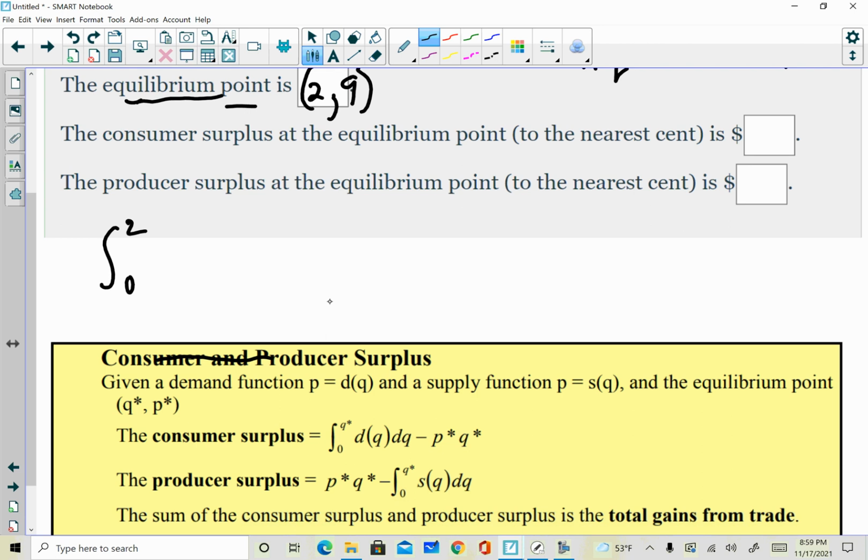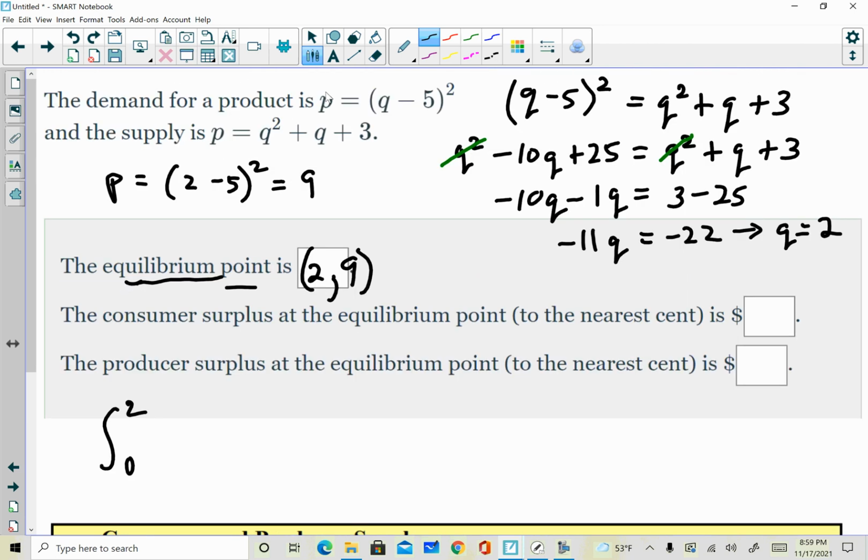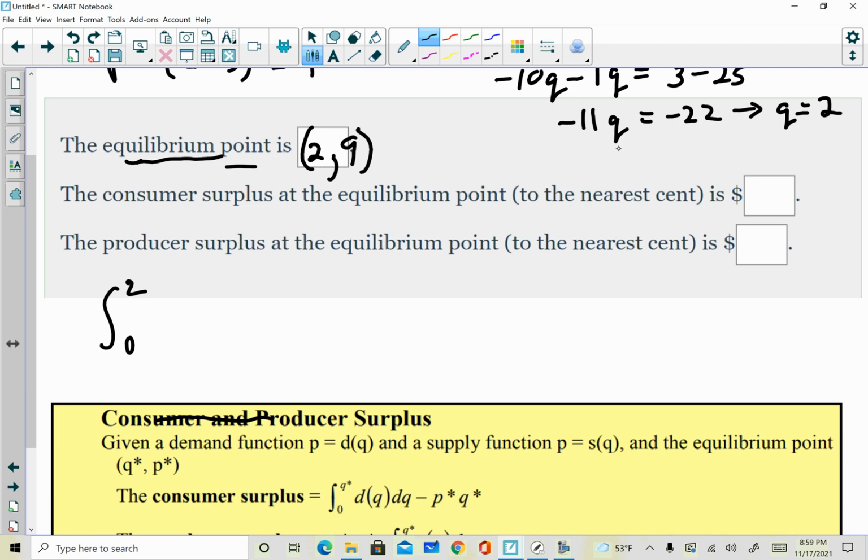We're going to get the integral of the demand function, which is Q squared minus 10Q plus 25, dq, and then after the minus sign, it's P times Q, which in this example is 9 times 2.